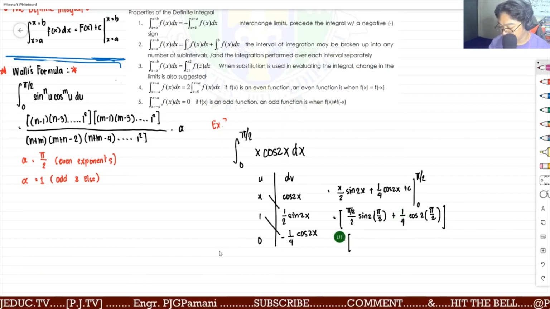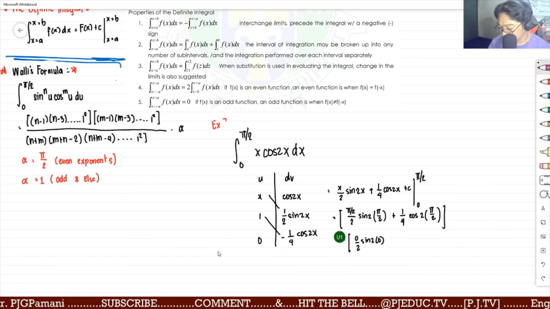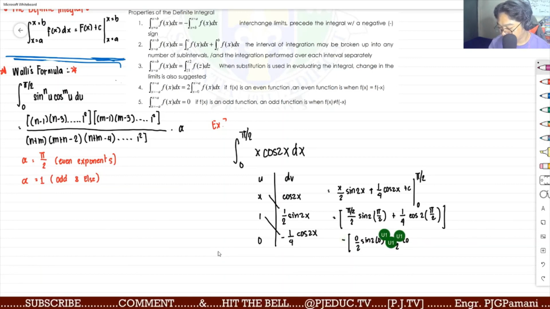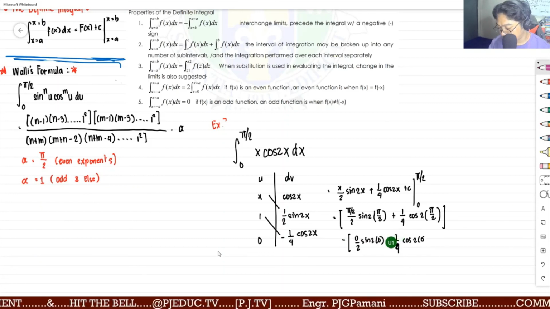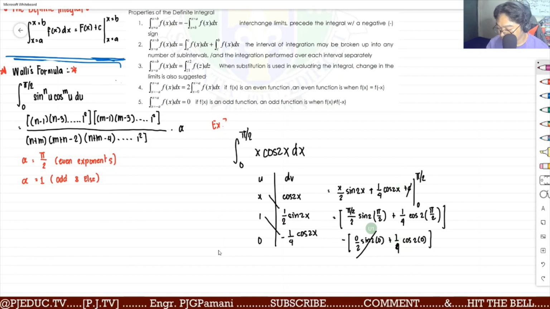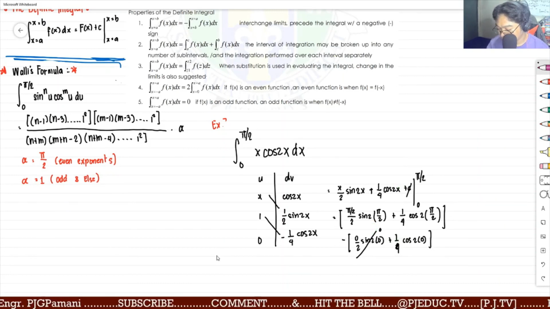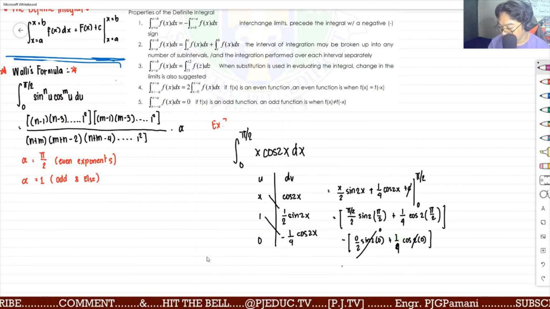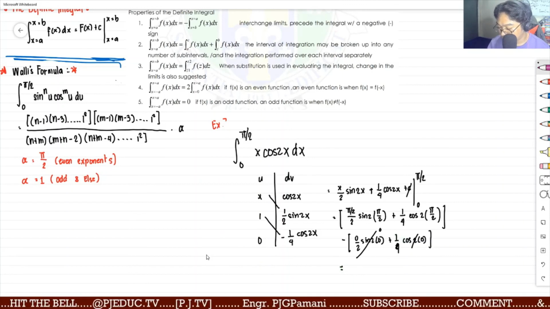Minus 0 over 2 sine 2 times 0 plus 1/4 of cosine 2 times 0. Maka-cancel na si C. Cosine 0 is 1 times 1/4, negative 1/4. That is pi over 4 times sine pi plus 1/4 cosine pi.